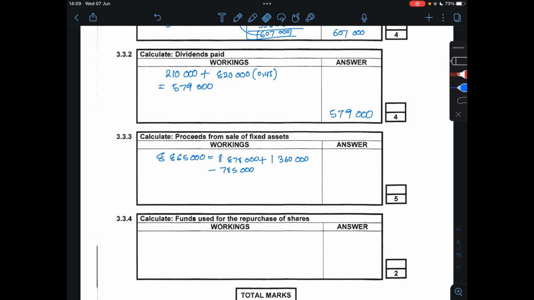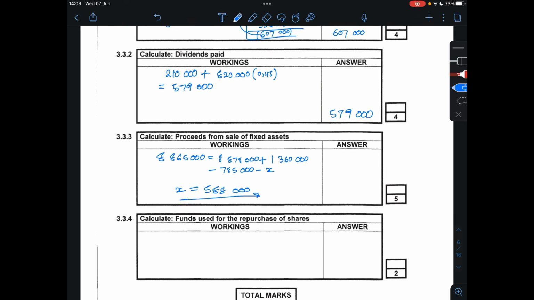All right, and then it's 785,000 minus X, which was the carrying value of the sold vehicle. So now we solve for X, and we are supposed to get 588,123.